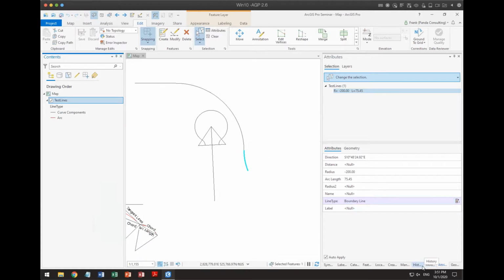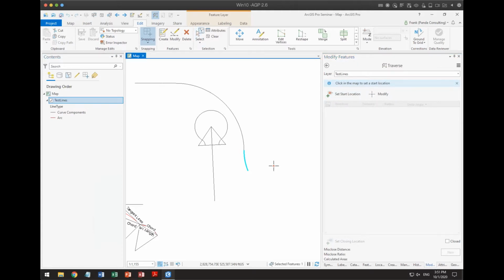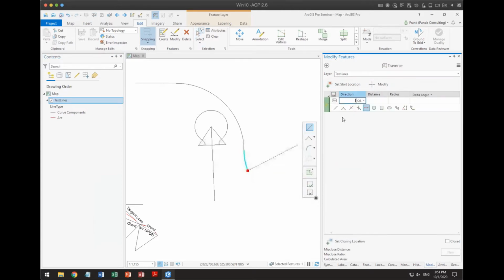Let's go back here to the traverse again. Let's start. By the way, this is now my chord bearing. Let's reverse this around. This is 0. My radius is now 150 feet.